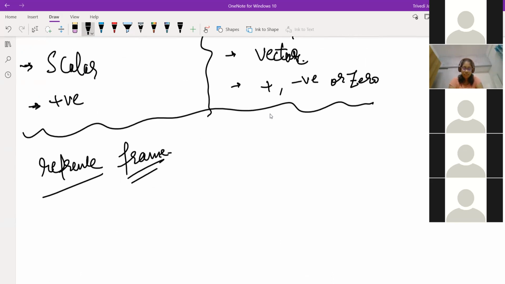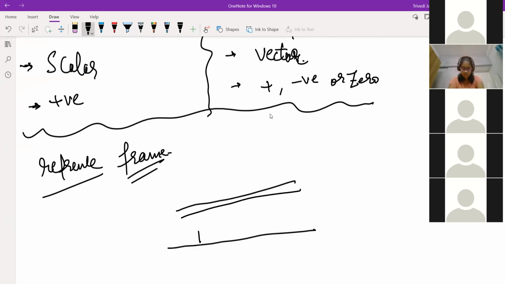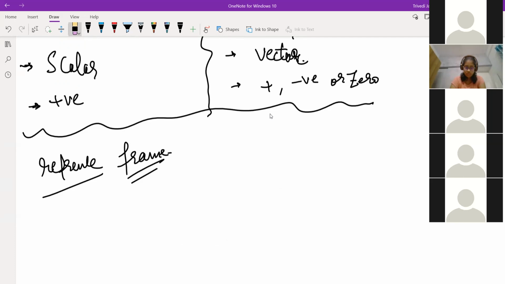See, this reference frame is very, very important. It depends from where we are looking. Suppose we are standing on a platform and a train is passing through. A person is moving with respect to us, but with respect to the train, he is not moving. He's steady. So it depends what the reference frame is.